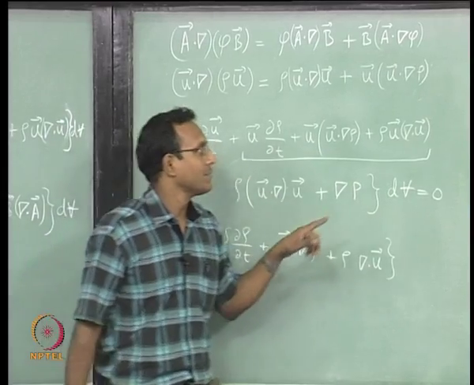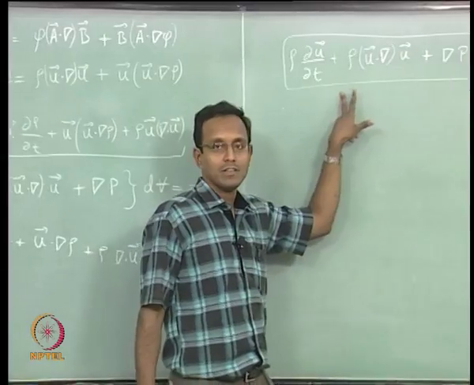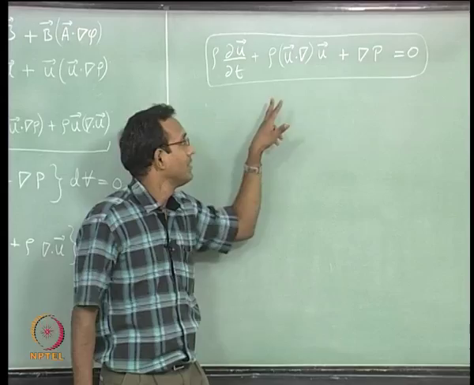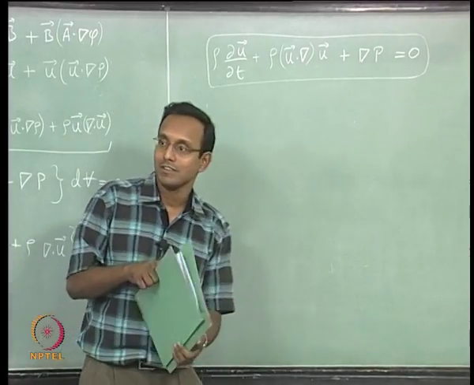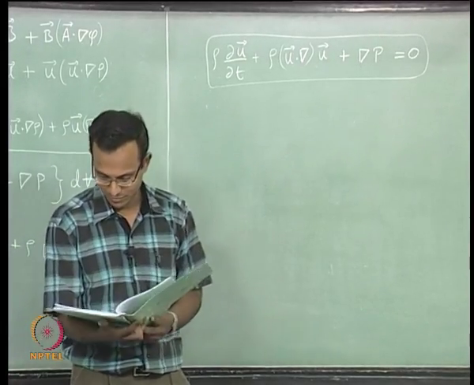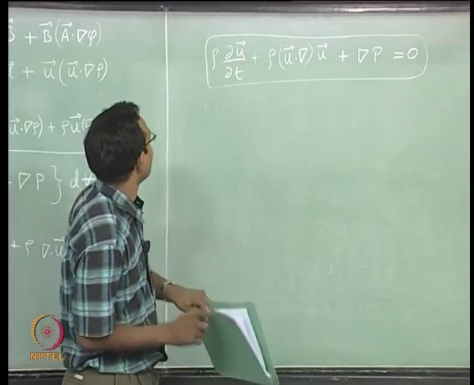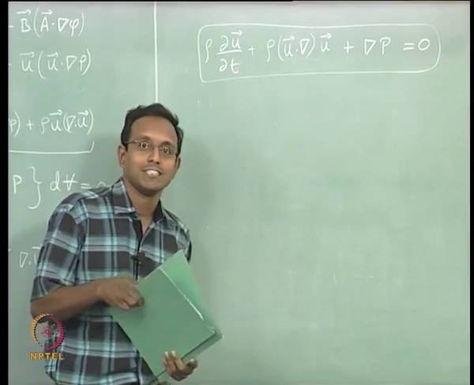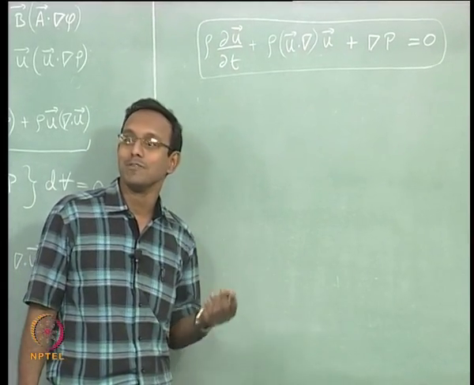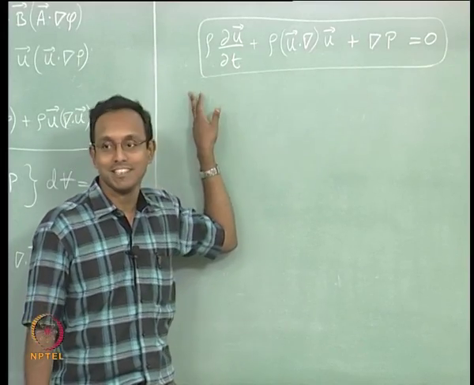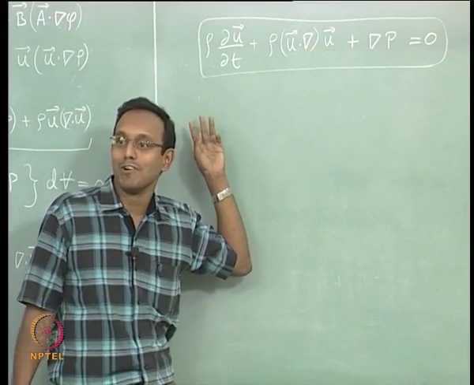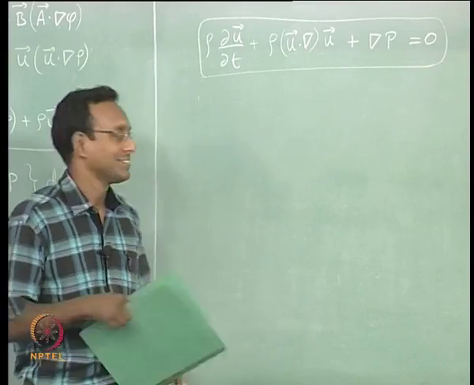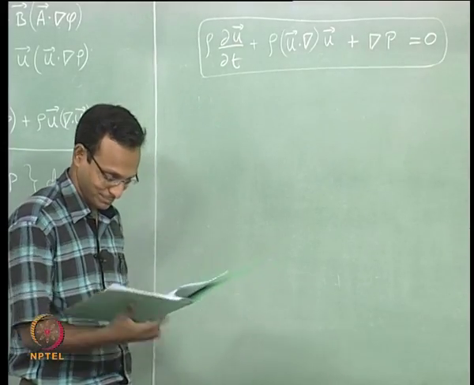Even though I write my expression in this form, it is still valid for compressible flow. That is the important point to remember, even though there does not seem to be a direct time variation term for density. That is the typical thing people use in interviews. They will tell you to write this expression and then ask whether it is for compressible or incompressible flow, a standard trap. Just telling you so you do not fall into that trap.